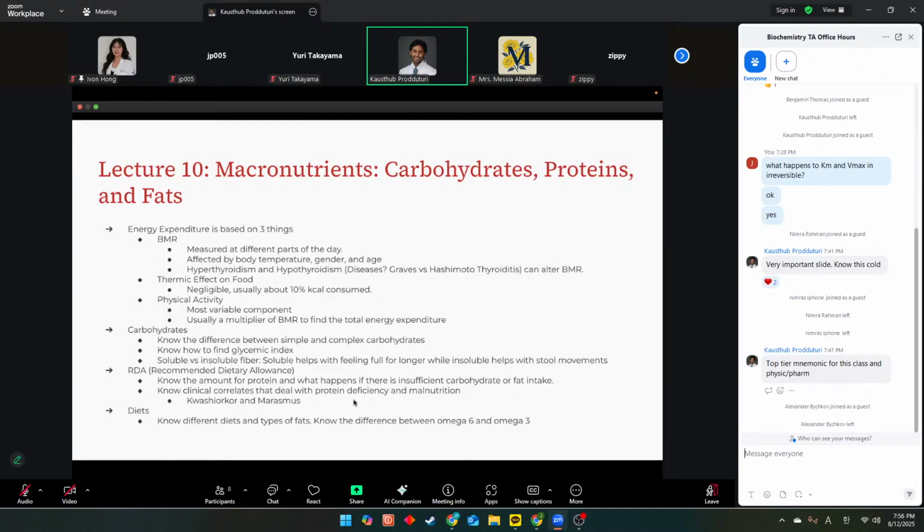And for the last part of this lecture, know the different types of diets, like a Mediterranean diet versus a ketogenic diet or a paleo diet. Know the different types of fats, saturated versus trans fats versus unsaturated fats. And know the difference between omega-6 and omega-3.